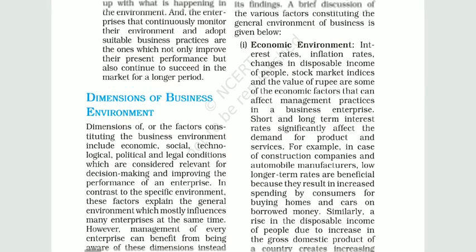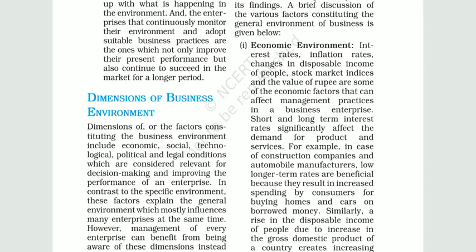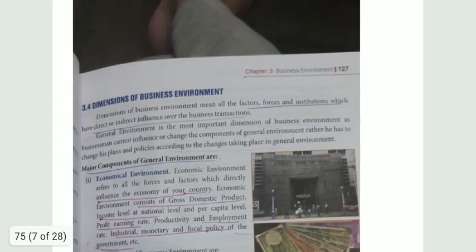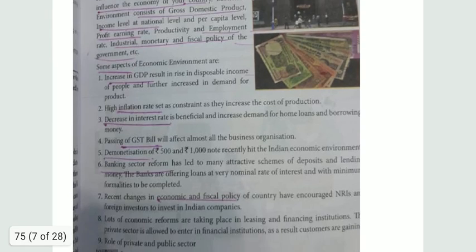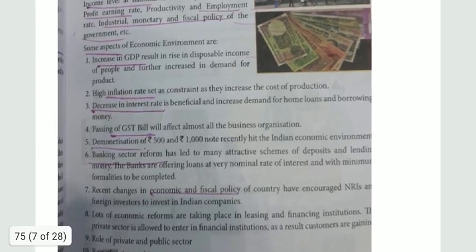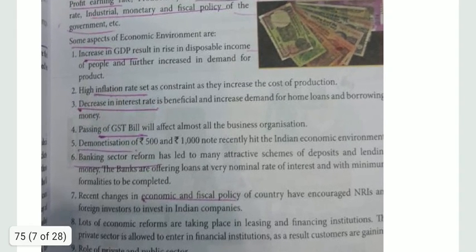A few factors regarding this economic environment could be like this. You can see here in the slide some aspects of the business environment. First, an increase in GDP results in an increase in the disposable income of the people. Secondly, a high inflation rate is a constraint as it increases the cost of production.